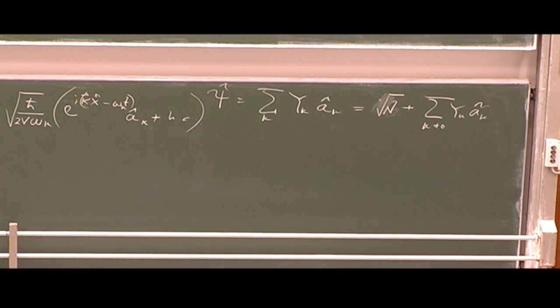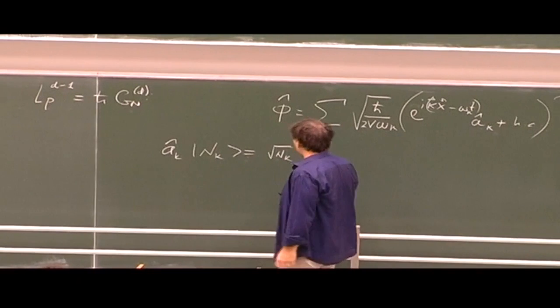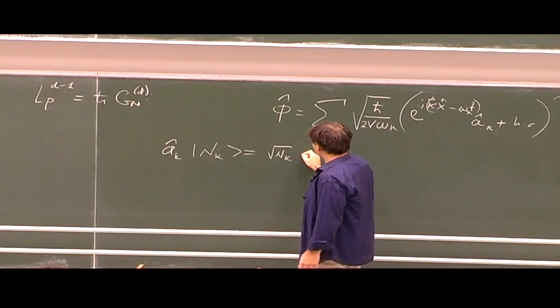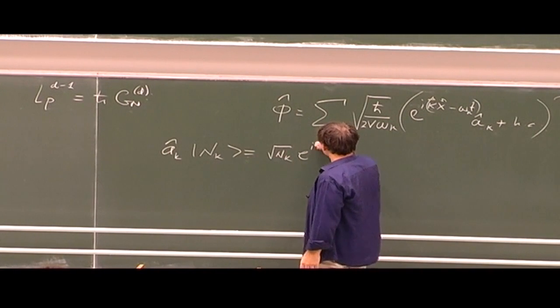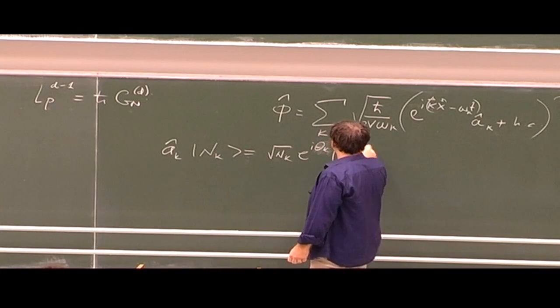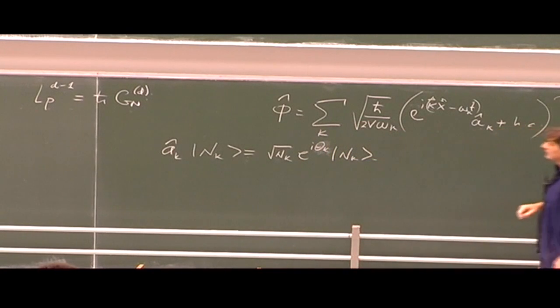Coherent states are eigenstates of the annihilation operators, with some phase. These are eigenstates of annihilation operators, so they are most classical.